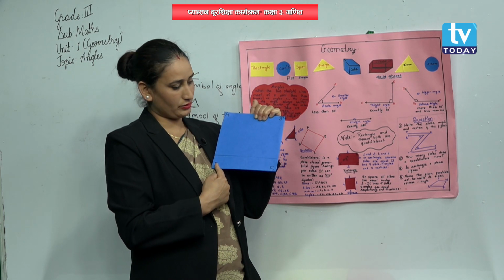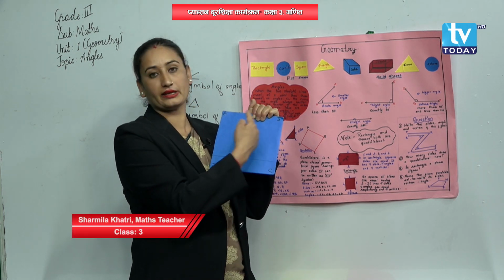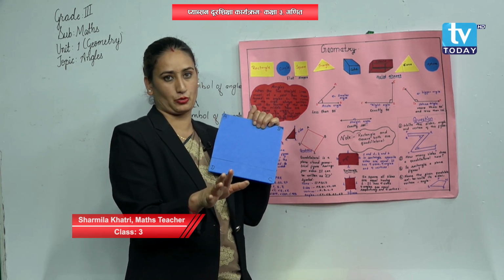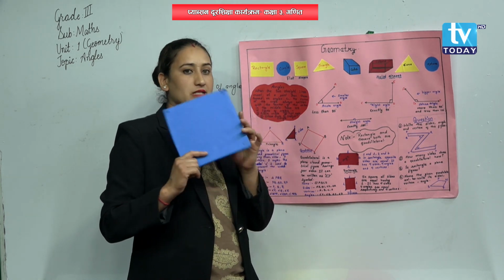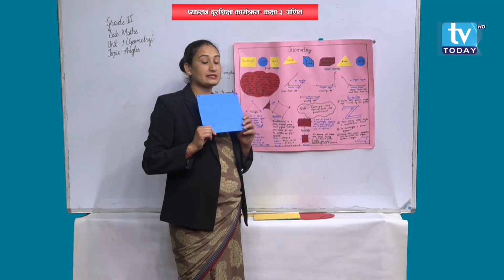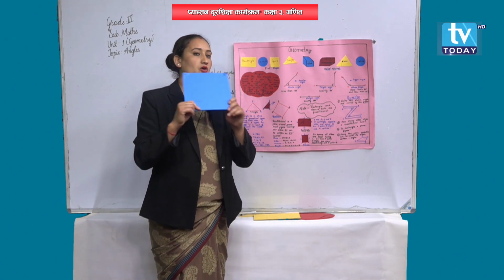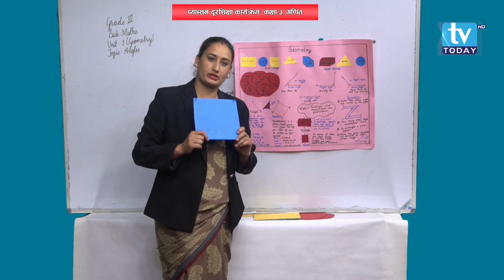You can write AD, DC, CB, BA. I am coming from this side, right? So you can do it this way. Done? Very good. So, square and rectangle: one difference is that a square has all sides and all angles equal. Okay.